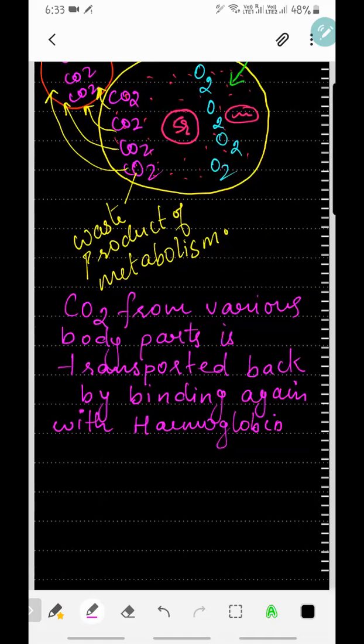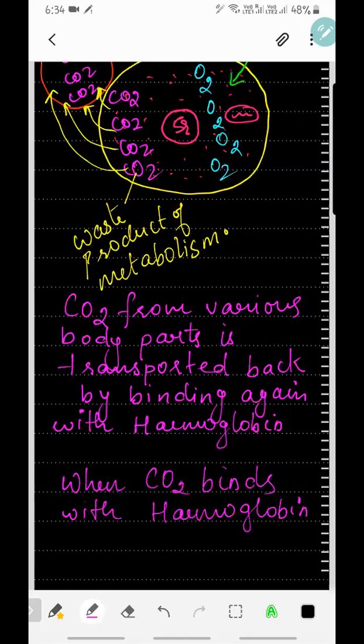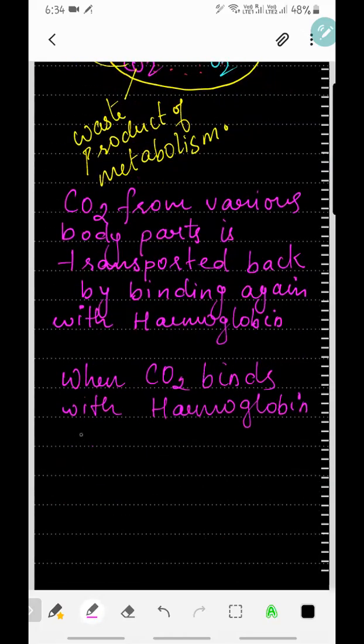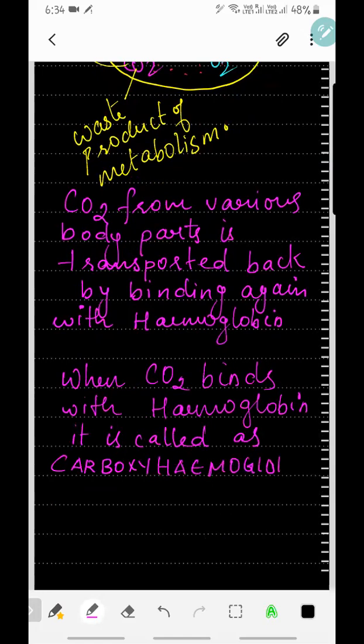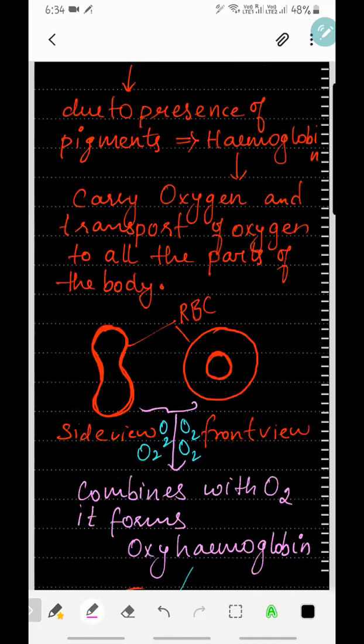When carbon dioxide from all the cells, commonly I have taken an example, all the cells, when CO2 binds with hemoglobin, it is called as... If oxygen binds to hemoglobin, then it is called as oxyhemoglobin.